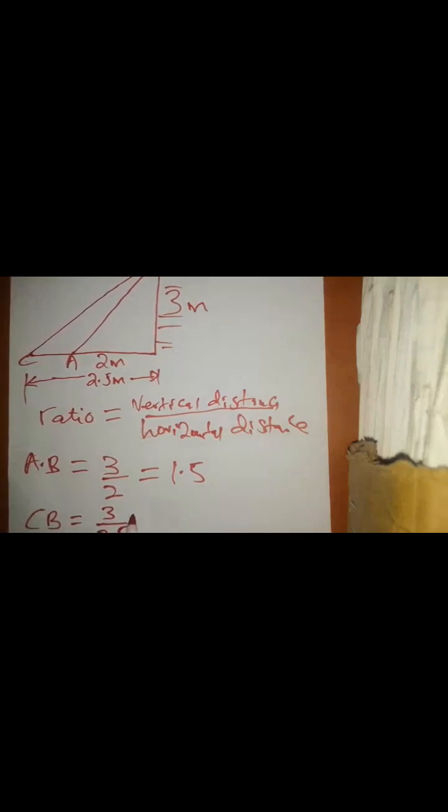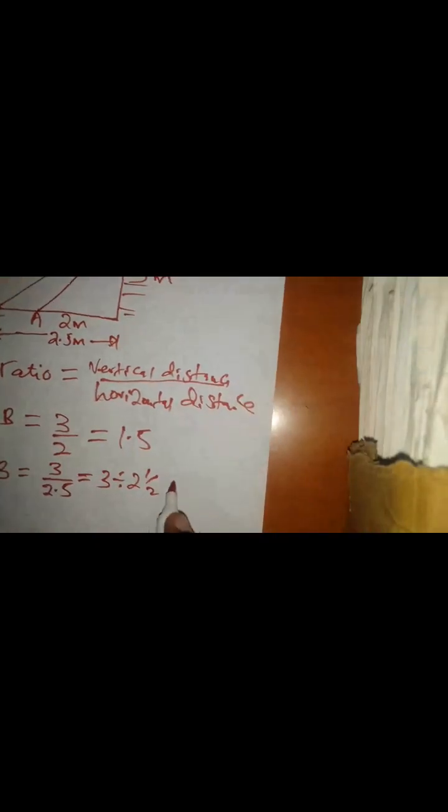So you'll get 3 divided by 2.5, which is the same thing as saying 3 divided by, you convert this mixed fraction into an improper fraction, which is 2 times 2, you get 4, 4 plus 1, you get 5. So it's 5 over 2, which is the same thing as saying 3, you change the sign into multiplication, and then you take the reciprocal of 5 over 2, which is 2 over 5. So you get 6 over 5. And when you do this division, you get 1.2.